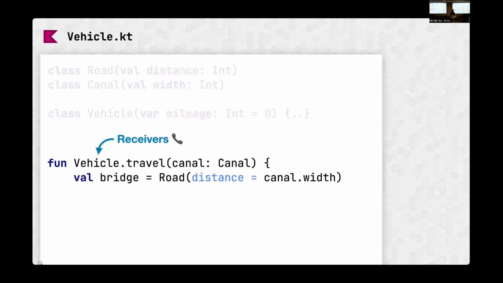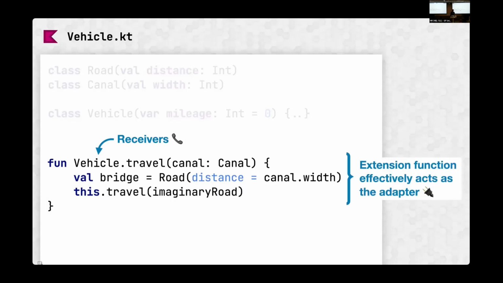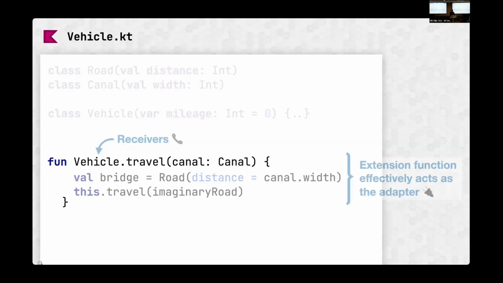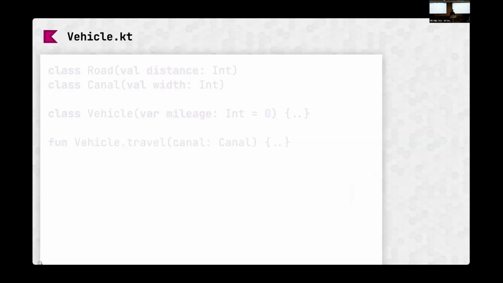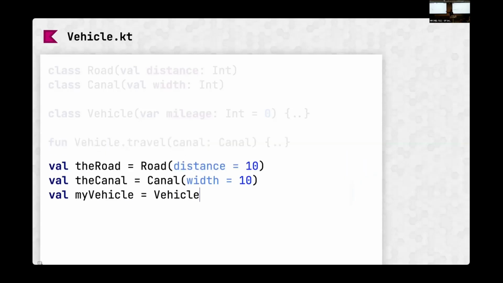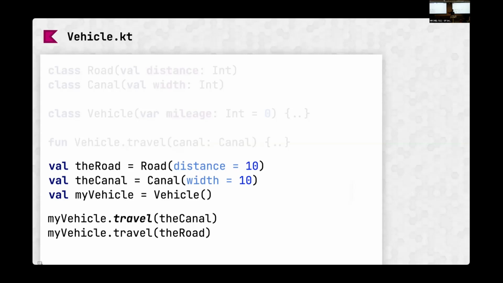I'm going to invoke the extension function and do the same thing as I did before in the ferry. And this extension function now effectively works as my adapter. In order to use the adapter, I can just call it like you typically do if you are calling a library function, just like how you would ask the vehicle to travel over the road.